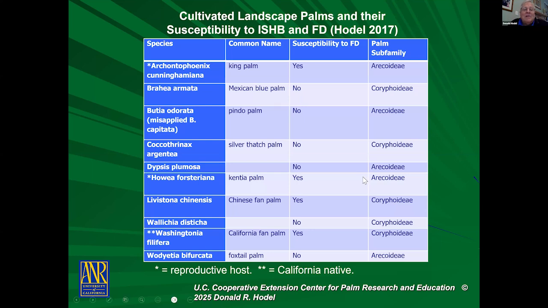So the most common ones that we run across would be the king palm, the first one, Brahea armata, the Mexican blue palm, Butia odorata, typically in the trade as Butia capitata, Howea forsteriana, Livistona chinensis, and Washingtonia filifera.